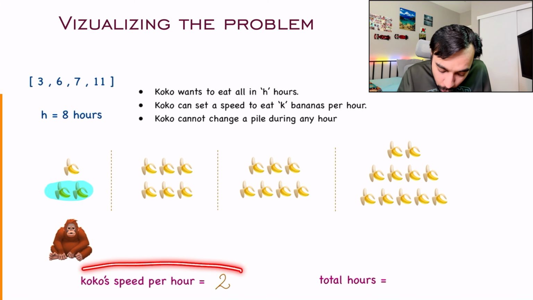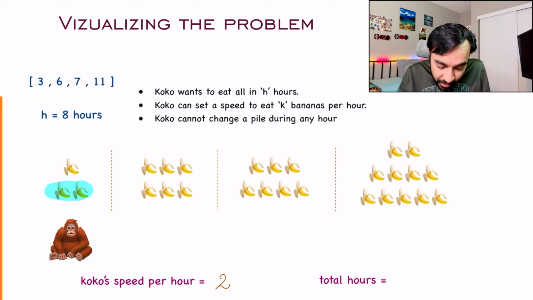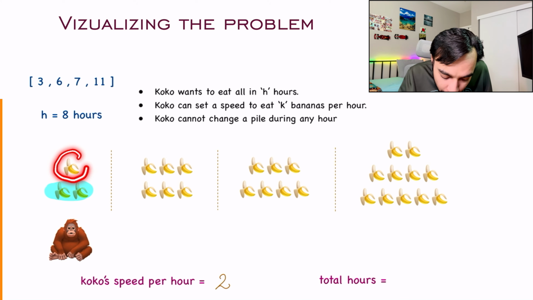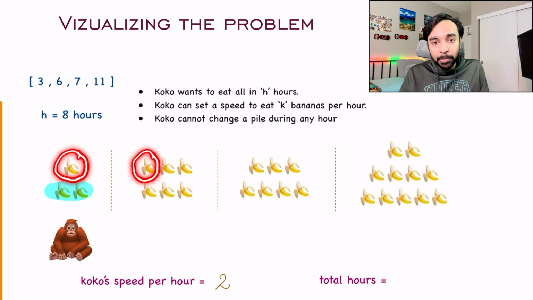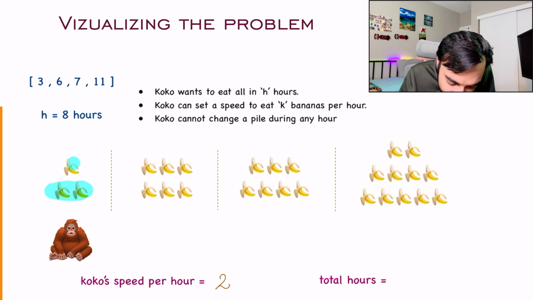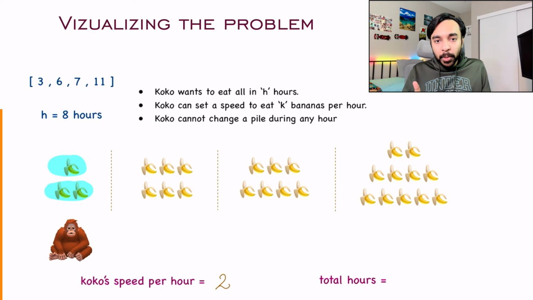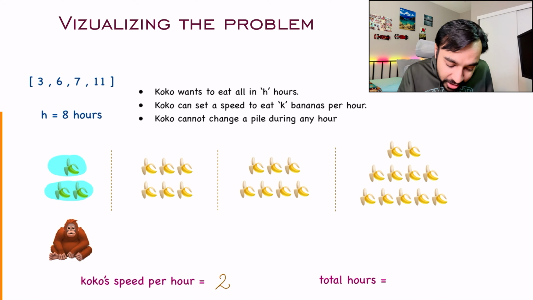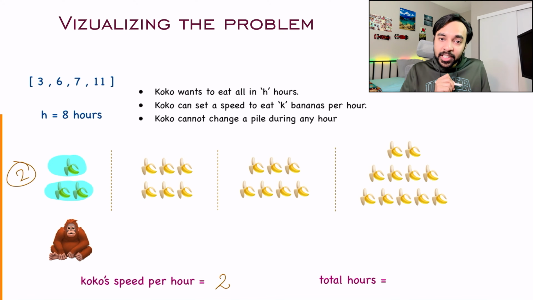Although Koko can eat 2 bananas per hour, she cannot say, okay, I will eat 1 banana from this pile and 1 banana from that pile. This cannot happen. So in the next hour, Koko will only eat 1 more banana. For the first pile, Koko took a total of 2 hours, correct?